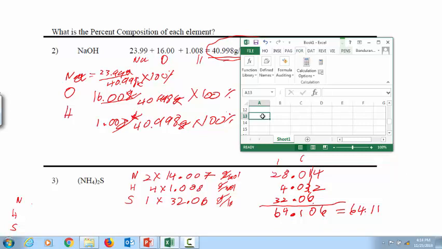I know I'm only good to 4 sig figs though. 64.106, and now let me go down here and I'll just say nitrogen, hydrogen, sulfur, NHS.